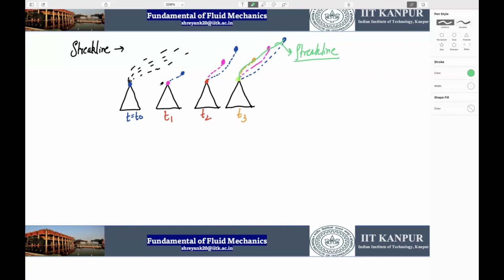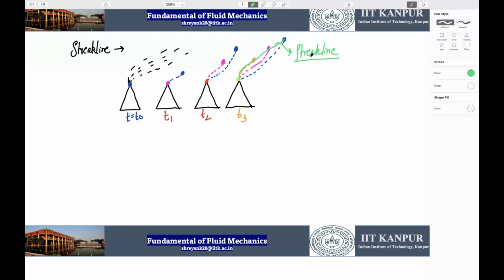So we keep injecting the particle, and each particle is following its own path line. At some time instant t, we want to know the streak line. So to know the streak line, we should get the position of those individual particles at that time instant, and we should connect the positions of those particles, and we will get the streak line.